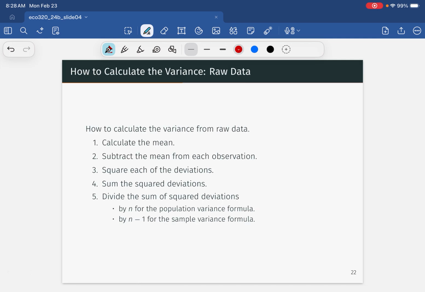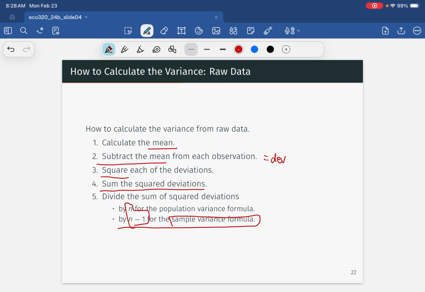So this is what I just explained. Calculate the mean first and subtract the mean, that is deviation, and then square the deviations, that is square deviations, and then sum, and then divide by n or n minus 1. And also, if you ask me which is a more common formula, I would say the sample variance formula is more common, right?